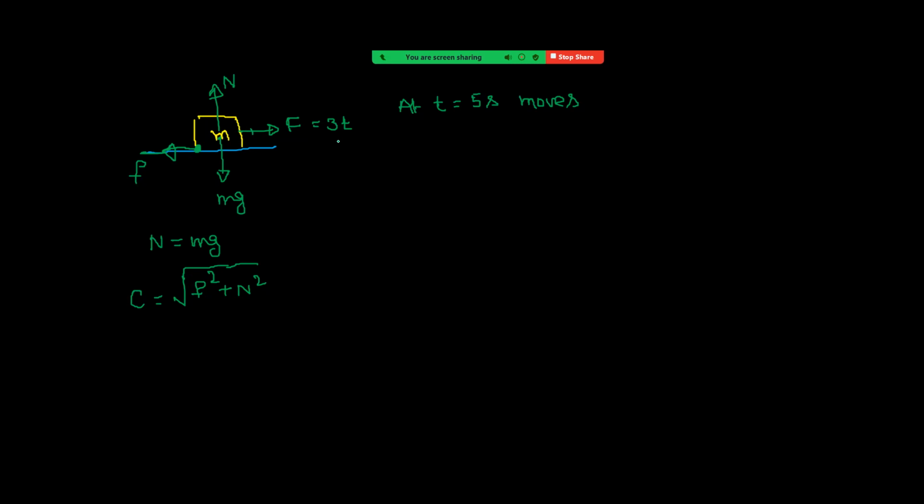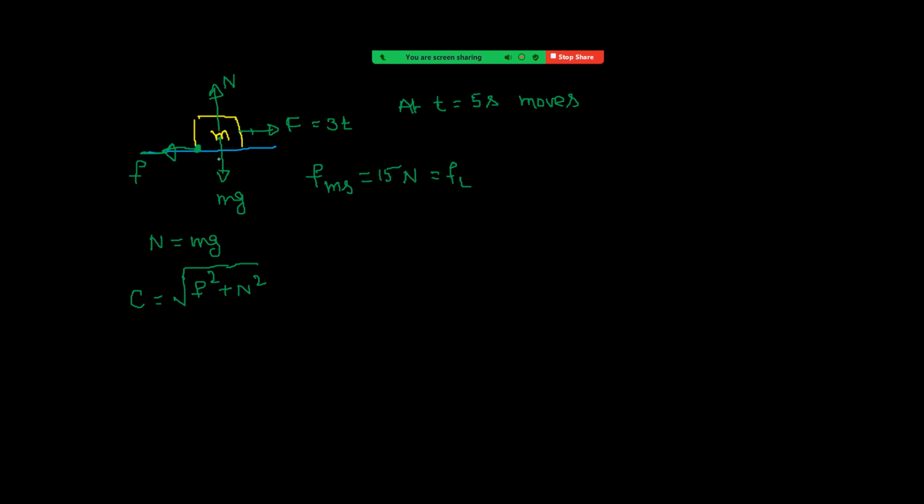In this problem, the block moves when t equal to 5 seconds, which means the maximum static friction is 15 Newton, right? 5 times 3 is 15. So this is known as limiting friction.